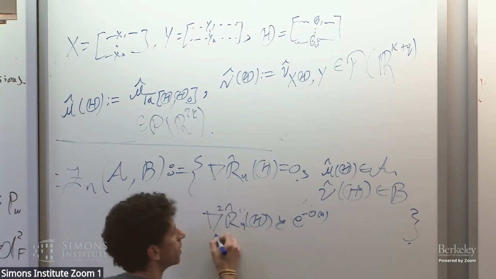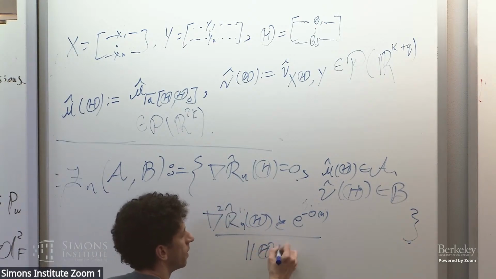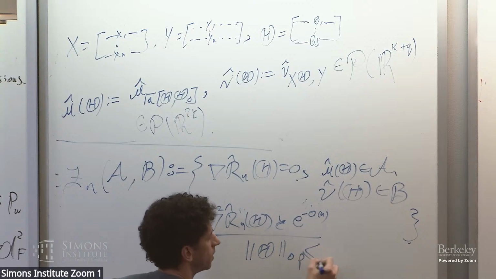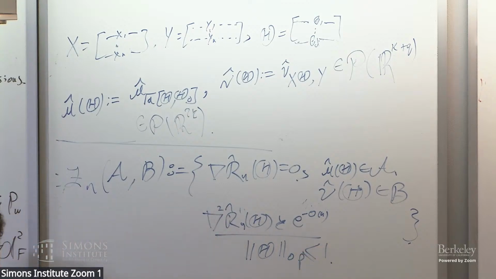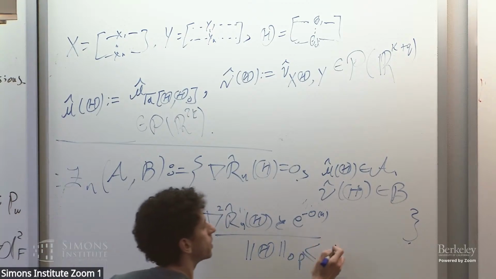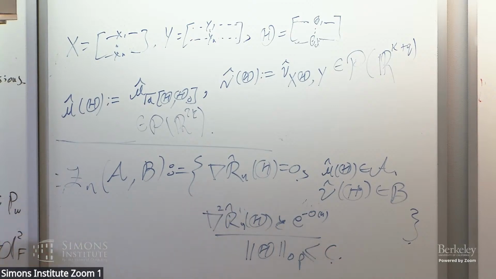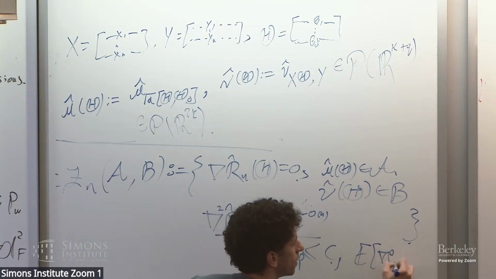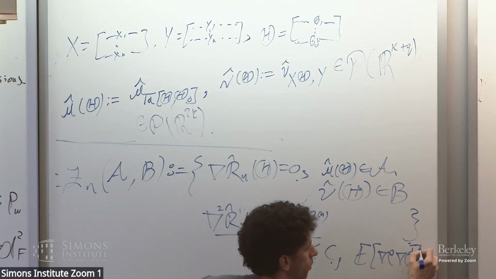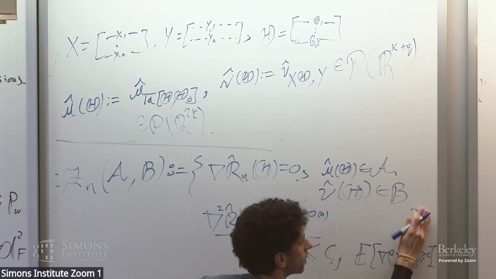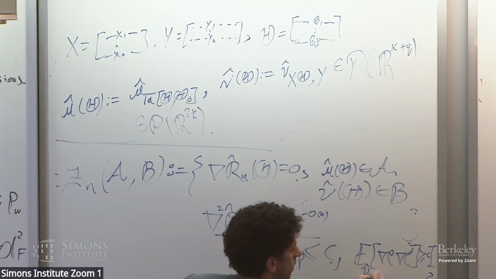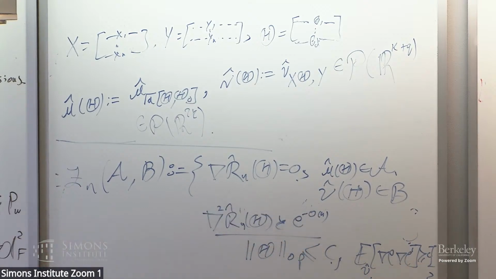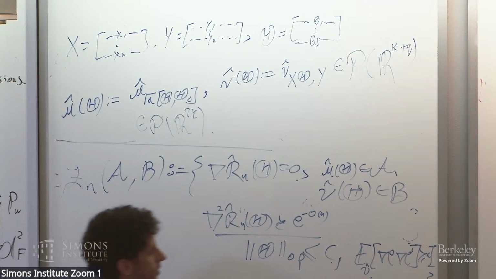And finally, I need some regularity condition. I need to upper bound theta, to guarantee that theta doesn't diverge, and there's one more regularity condition on this quantity that it is bigger than something. Okay, I'll say something about what this condition means.